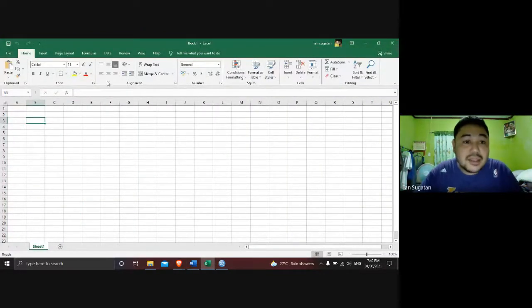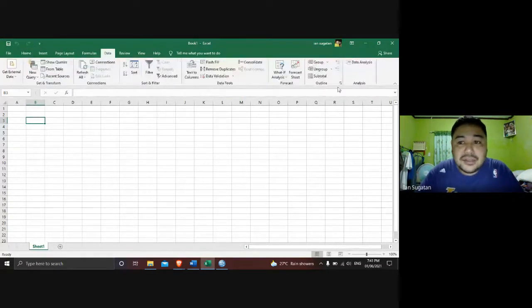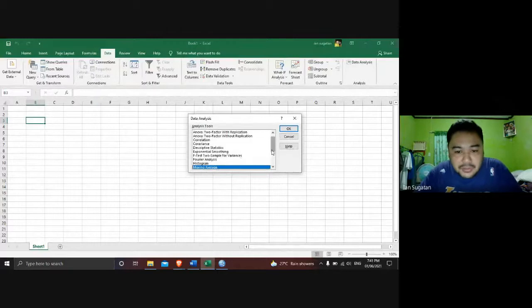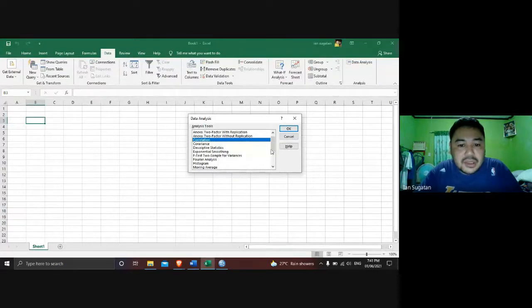Let's check first. So this is Microsoft Excel. Before we start, let us check the data, go to Data Analysis, and then we're going to look for Spearman correlation. So the correlation is here, but I think, guys, it's on Pearson r. So I don't know if there is Spearman rho.